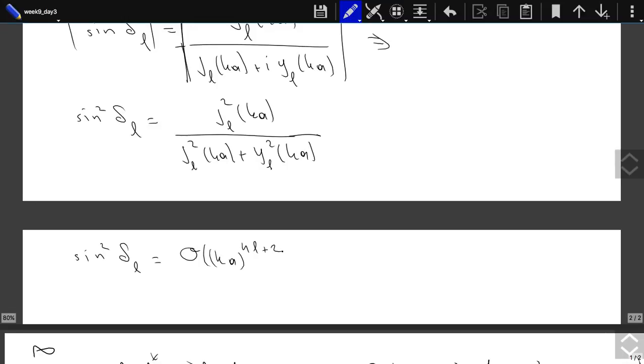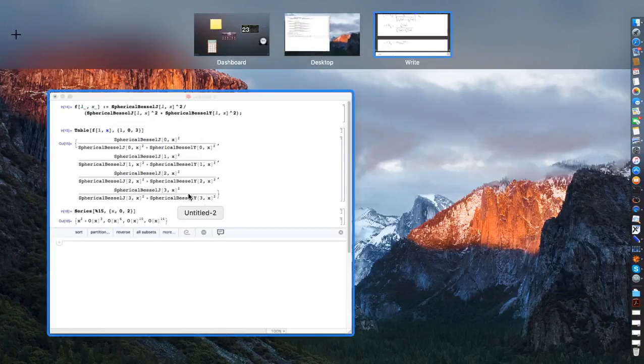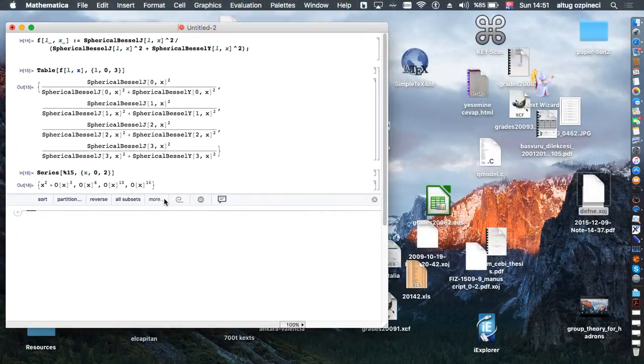So if you look at the various terms, the order of this ratio increases by 4 for each increase of L. The first contribution increases by x to the power 4.